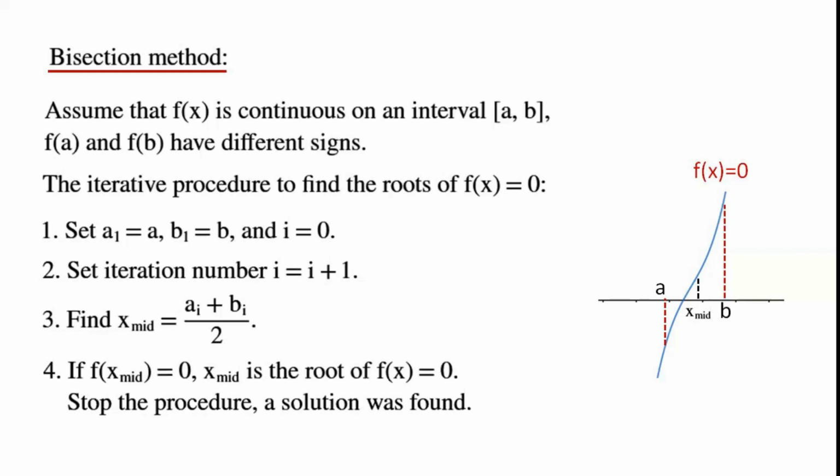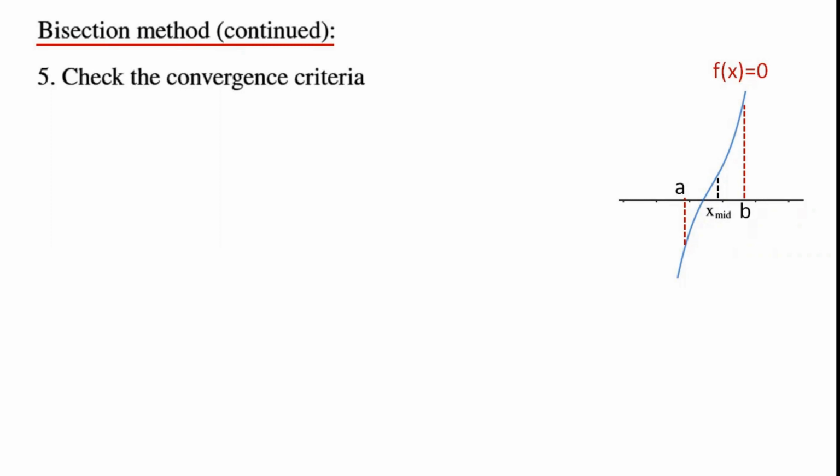If f of x mid equals 0, then x mid is the root of f of x equals 0. Here we stop the procedure as a solution has been found. Then we check the convergence criteria. The modulus of f of x mid is less than epsilon tau.